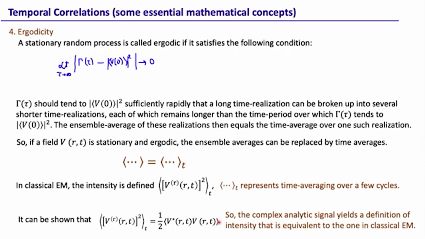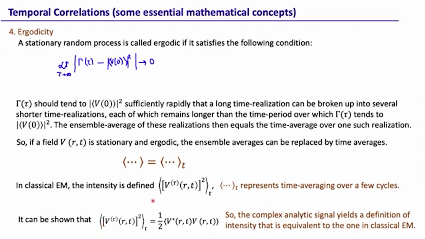But the point that I am trying to make here is that the complex analytic signal, at least in this example, yields a definition of intensity that is equivalent to the one in classical E&M. But the classical definition of intensity, we cannot have an analogous version of it in the context of quantum mechanics.